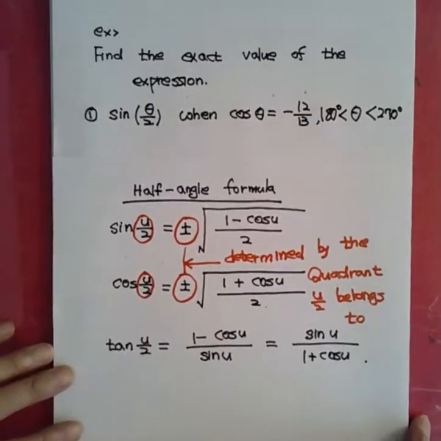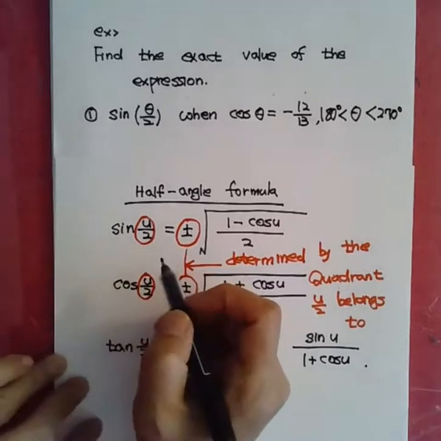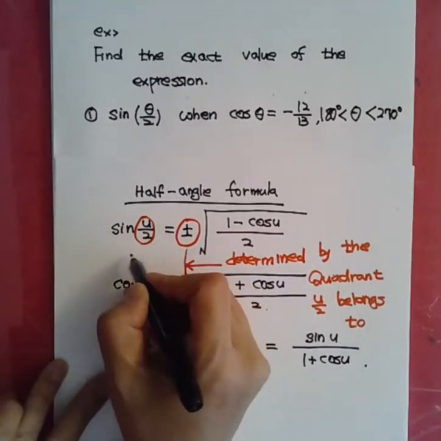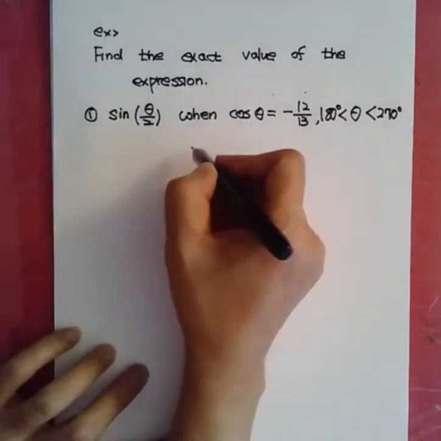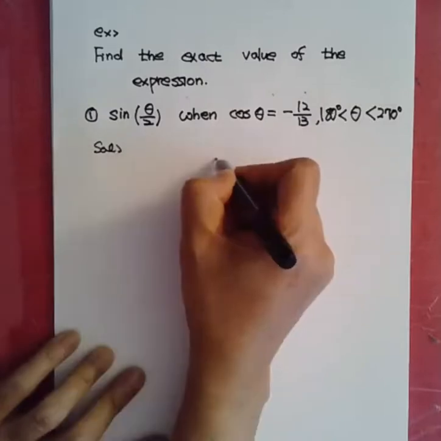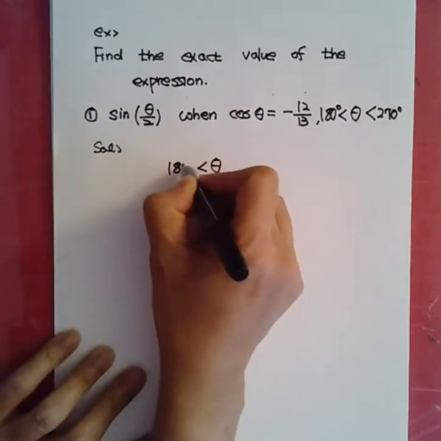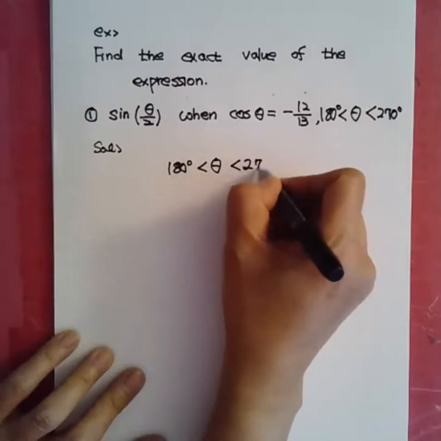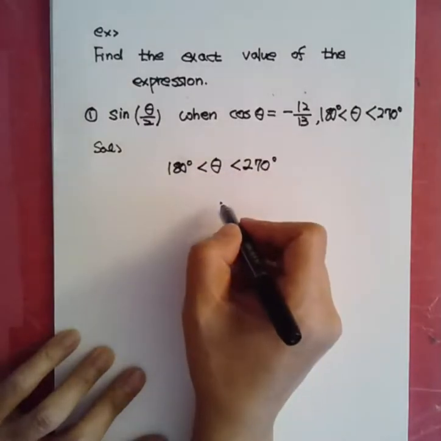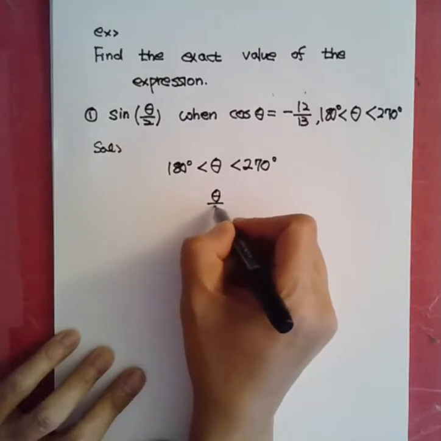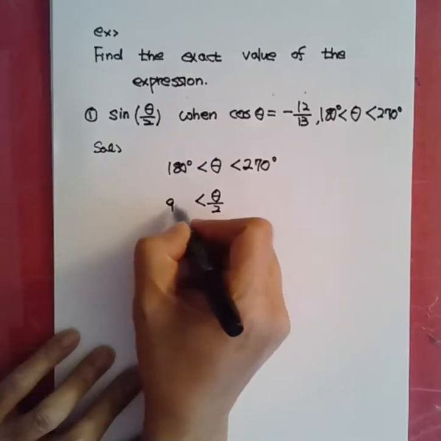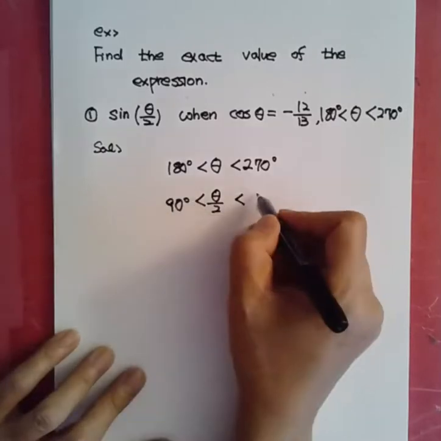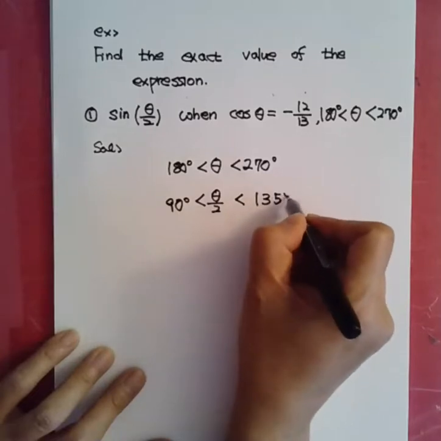To do that, the first thing we have to determine is which quadrant this half angle belongs to. The angle theta ranges between 180 degrees and 270 degrees. If we multiply by 1/2 on each side, then that'll be between 90 degrees and 135 degrees.